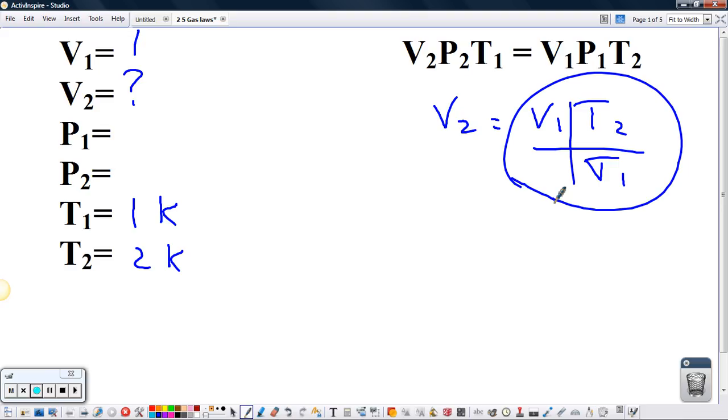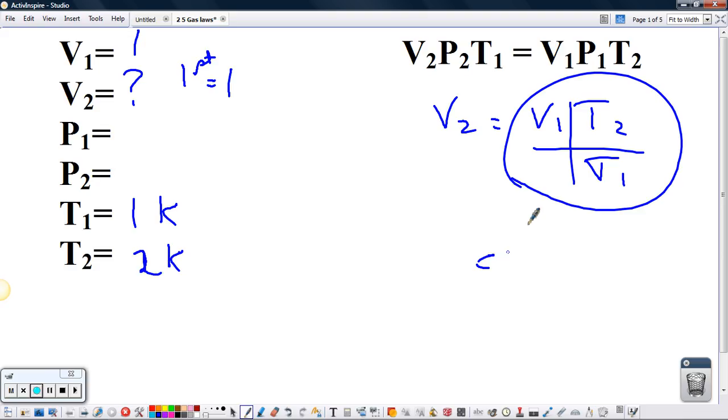Let's just put a 1 there. Everything over there is what? 1. So what's the volume? 1. So my first volume that I'm thinking about is equal to 1. Now I'm going to double this number to 2.